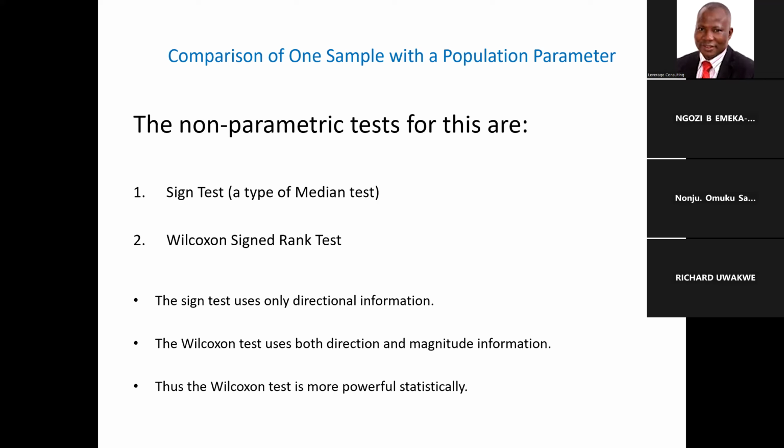The sign test uses only directional information, while the Wilcoxon test uses both direction and magnitude, so it is stronger. The Wilcoxon signed rank test is superior to the sign test. The sign test just uses direction, whether it's positive or negative, that is, is this one higher than this or not? While magnitude also comes into play with the Wilcoxon test. So the Wilcoxon is more statistically powerful.